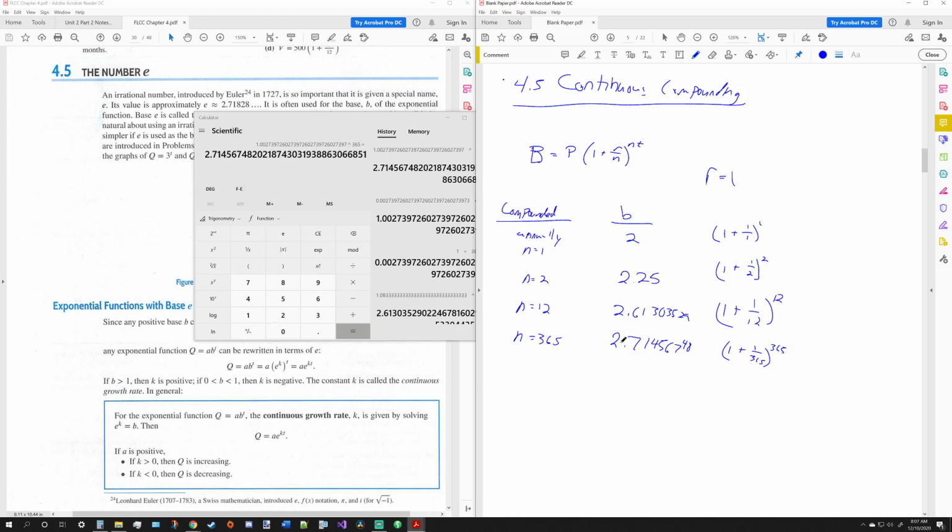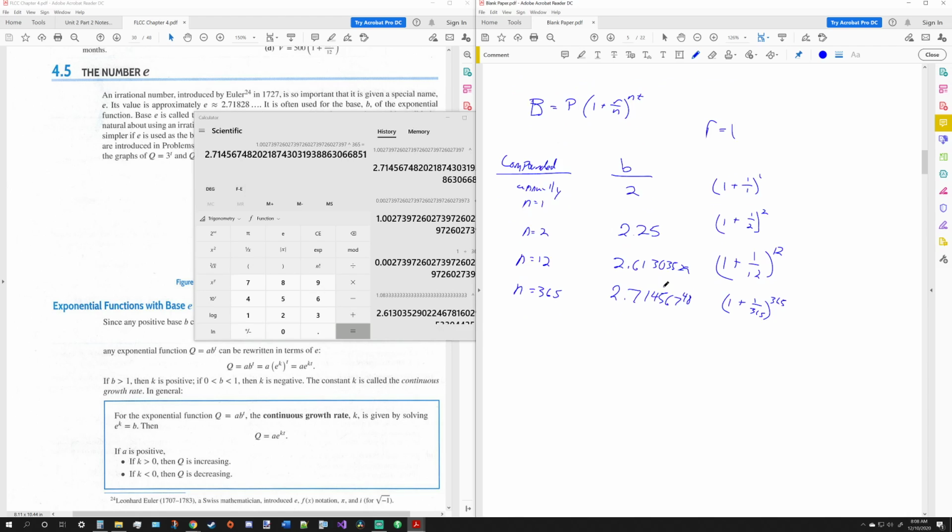And again, the B value is getting larger and larger. But we're talking about compounding continuously. So not just every day, not just every hour. I can keep going here. We can keep increasing n to be hourly, or every second it's compounded. But we want to keep going and going and going so that it's compounded continuously.